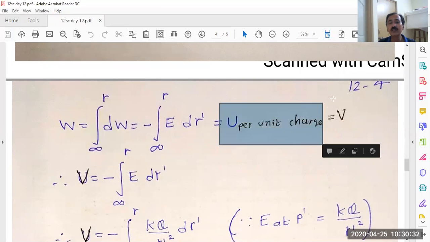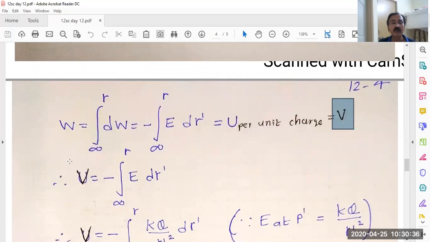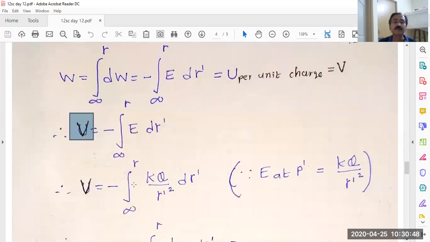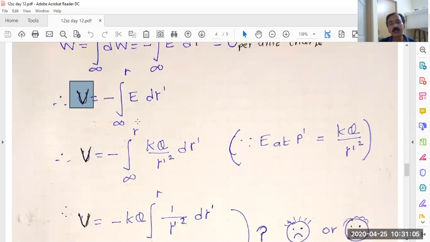Work done per unit charge, we call it V. So instead of W, we write V, because what we calculate is the work done to bring unit charge from infinity to r. Sir, is it conservative? Yes, the electric field is a conservative field. That's why the gravitational field is also called a conservative field. We'll discuss that part.